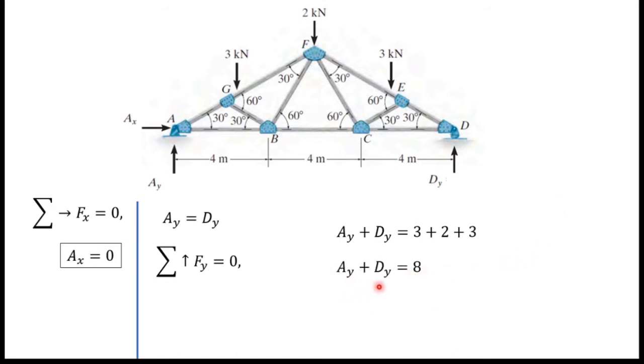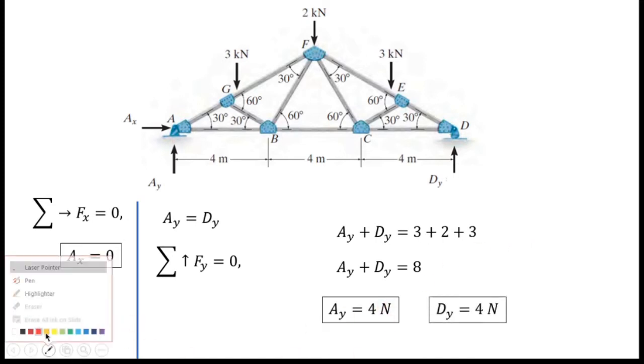Since AY equals DY, I can say AY equals 4 and DY equals 4. Actually not Newton, they are kilonewton. So now I found all the support reactions of this truss.